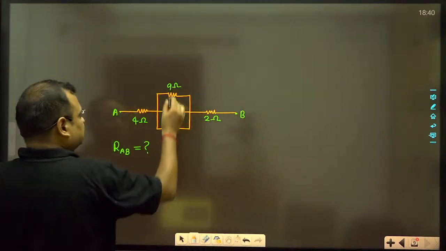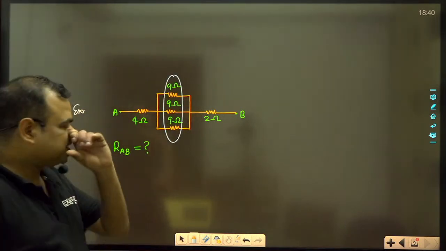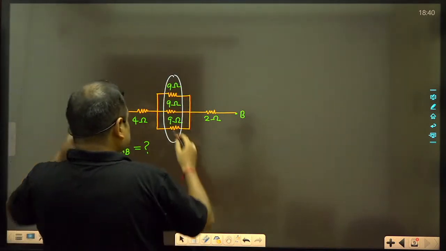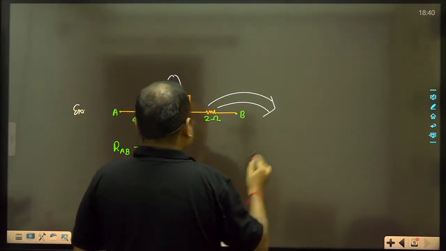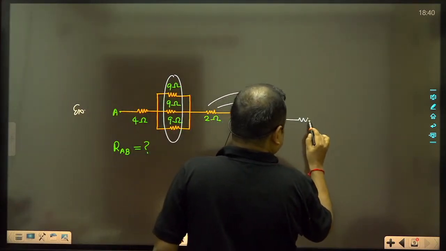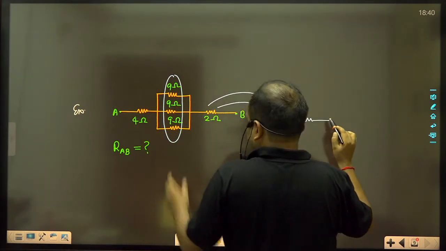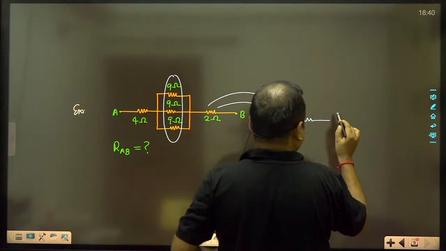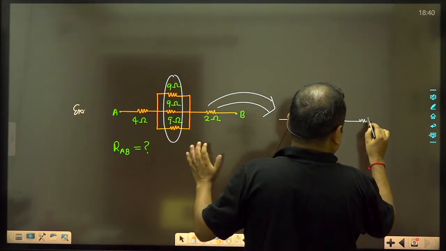Actually, guys, here we can see that all these three resistances are in parallel. So the circuit will become like this: this resistance will remain at the same place, but instead of this circuit there will be only one resistance, R dash, and this will be as it is.